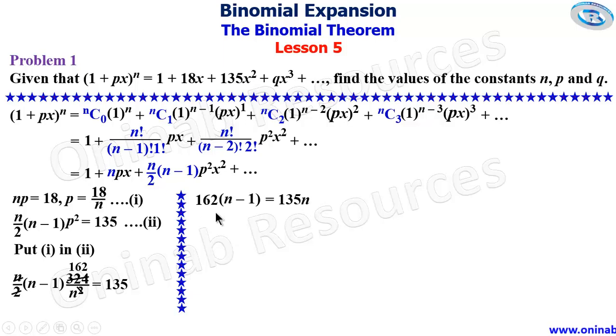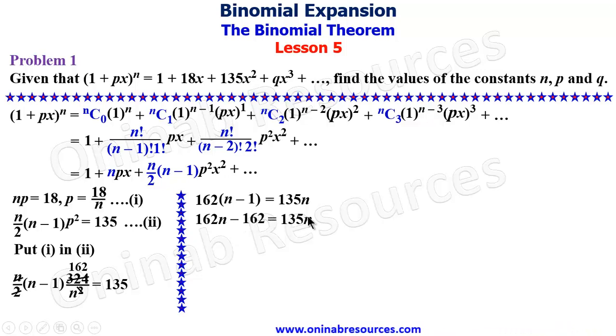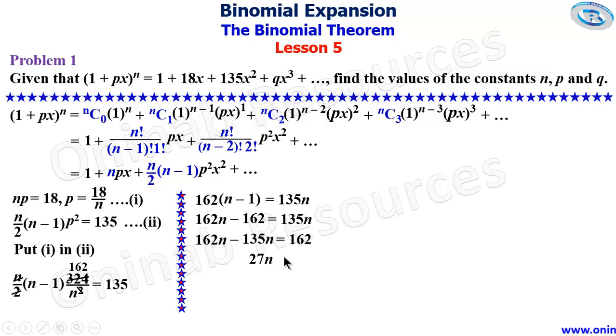Expanding this bracket, we have 162n minus 162 is equal to 135n. So collecting the like terms, we have 162n minus 135n is equal to 162, where 27n is equal to 162 and n is equal to 6 after dividing 162 by 27.